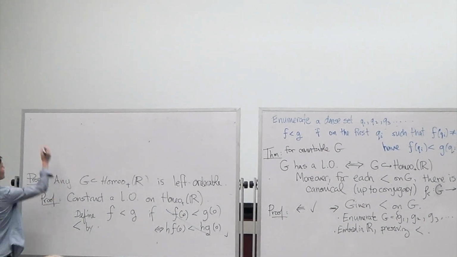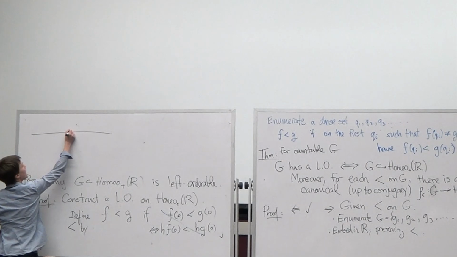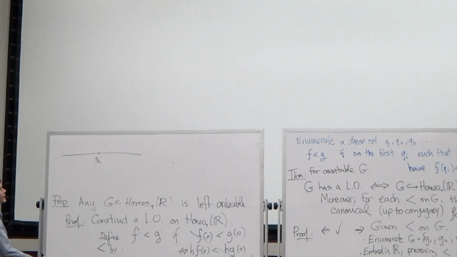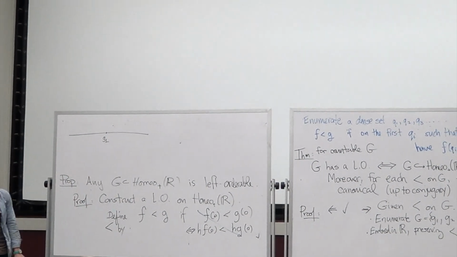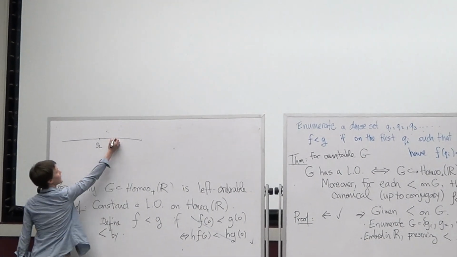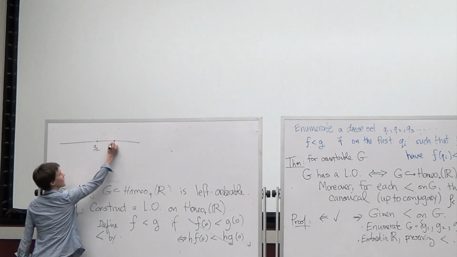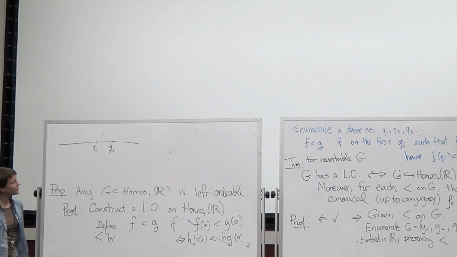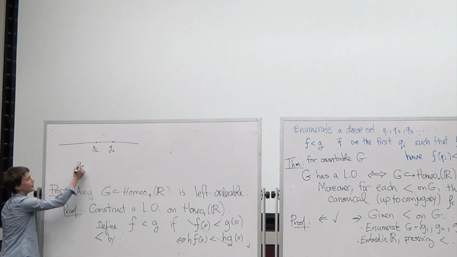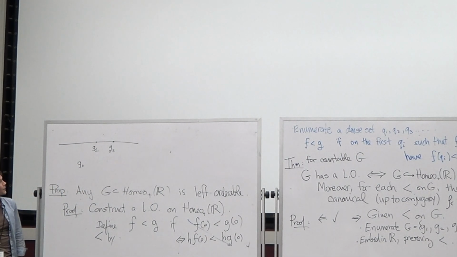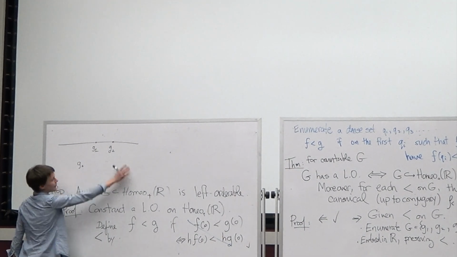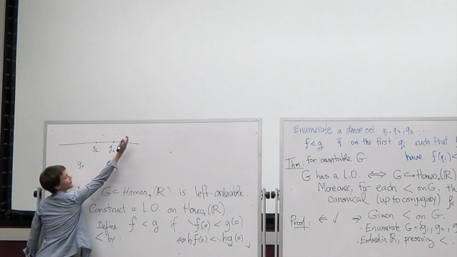So I'm going to embed this in the line by putting my first element wherever I want. g1 goes here. All right, I look at my next one, g2. If g2 is greater than g1, I will put it at the point 1 to the right. If it were less, I would put it 1 to the left. All right, now I look at g3. It's either greater in my order on my group than everything I've already placed, in which case I'll put it 1 to the right.